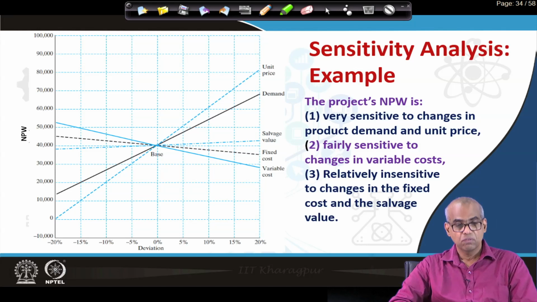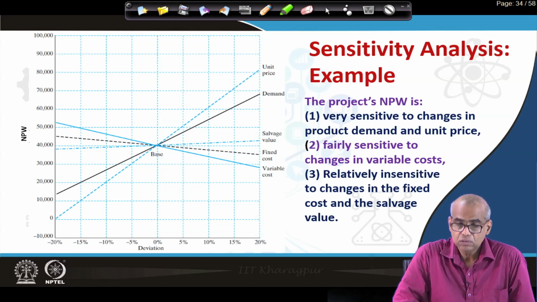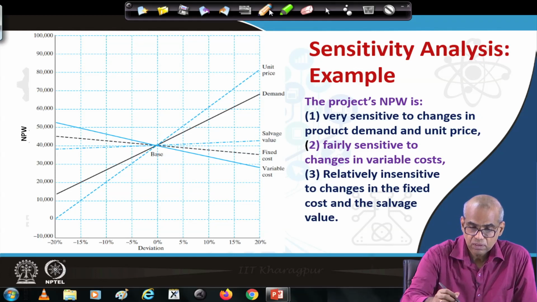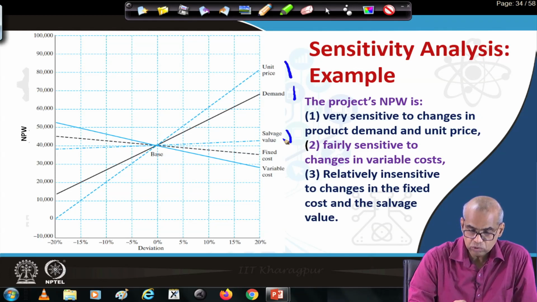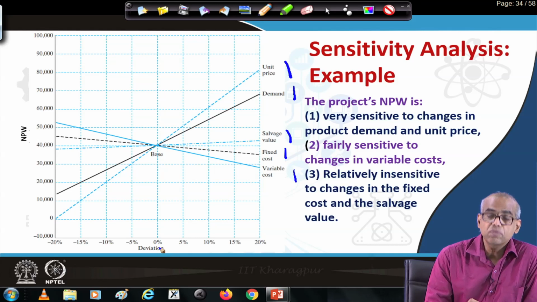So, this figure is a typical example of sensitivity analysis. There are several factors you see: unit price, demand, salvage value, fixed cost and variable cost. These factors have been varied on both sides of the base case.